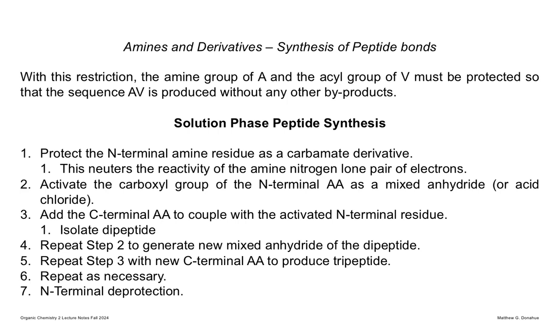And then you have to hydrolyze the ester of that dipeptide so that you can add in the next amino acid in the sequence. So really what you're doing is hydrolyzing, forming the peptide bond, and then repeating that sequence till you get to your desired chain length.